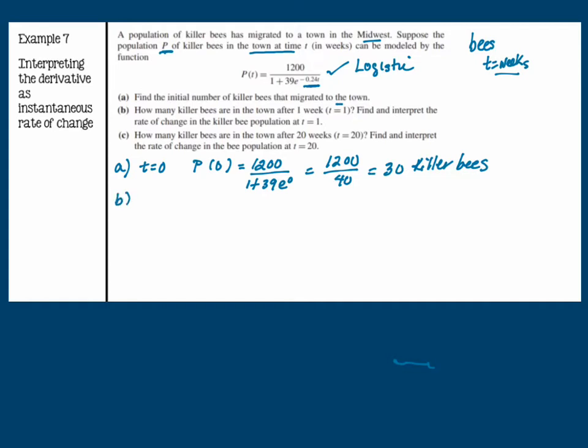Part B says, how many killer bees are in the town after 1 week, when t equals 1? So you just put in t equals 1. It goes on to say, find and interpret the rate of change in the killer bee population at t equals 1. So first, P of 1 is putting t equals 1 in, but then it wants the instantaneous rate of change at t equals 1, so it wants you to take the derivative. We're probably going to need our calculator for this.